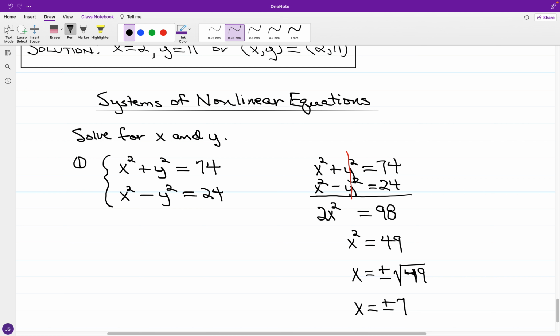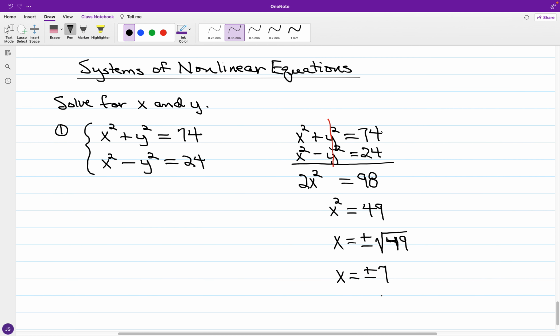Now we can solve for y, and we can use either of the two equations. Since I'm looking at having to arrive at y squared before I can get to y, I'll go with the one that has positive y squared. Instead of having to back substitute for x and go through all the squaring, I've already got x squared stored with 49.